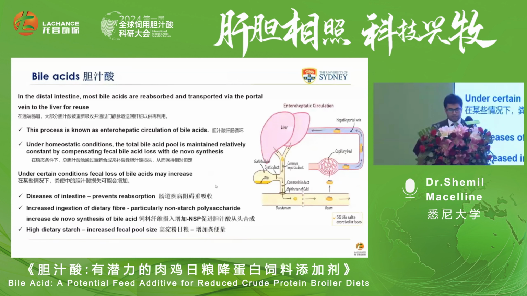As well, the maintenance of this circulation is controlled by bile acid synthesis in the liver, as well as secretion of bile acid in the fecal materials. Breaking down of this circulation by different conditions, such as disease conditions in the intestine, as well as higher dietary fiber in the diet, and also higher starch concentrations, will break down the circulation and compromise fat digestion.